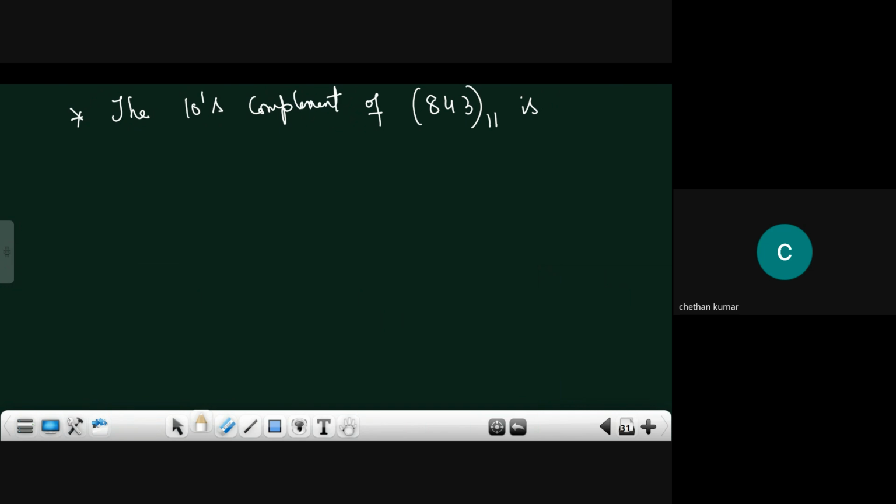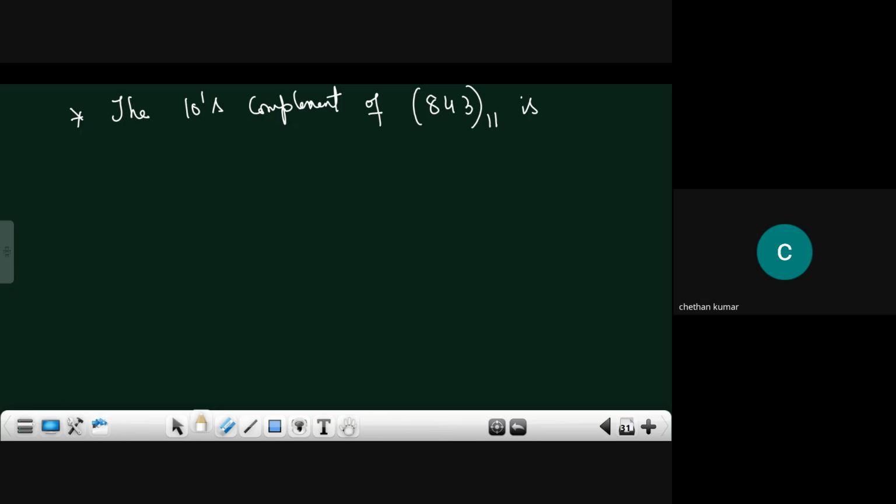So what number system is it? No, look at the number. What number system is it? It is an 11 number system. What are its complements? 11's complement and 10's complement.